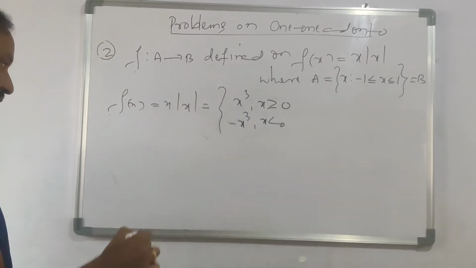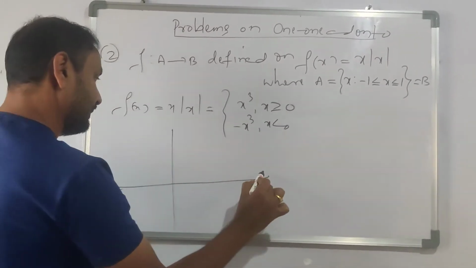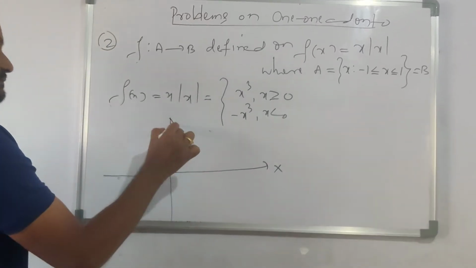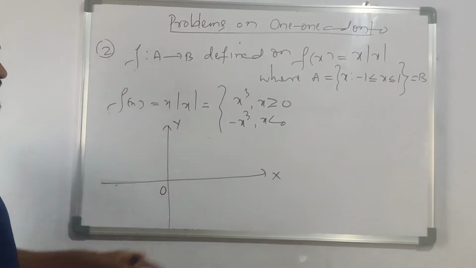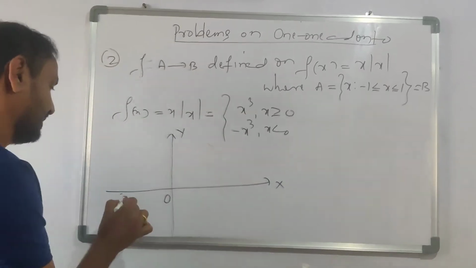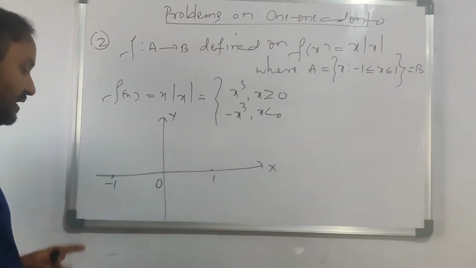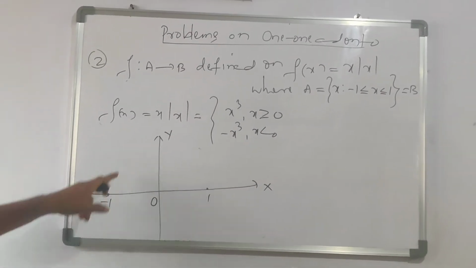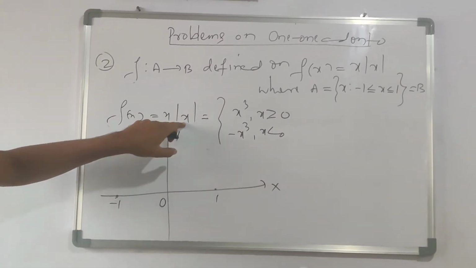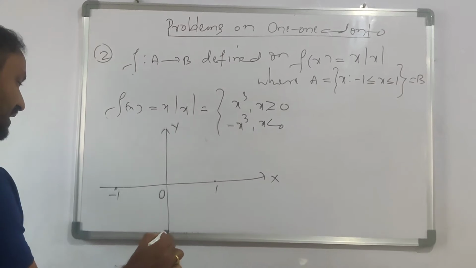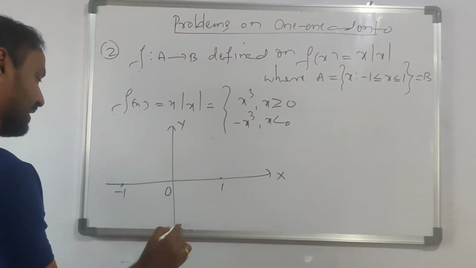Now draw the graph. X-axis. Take the domain values minus 1 to plus 1. This is minus 1. This is plus 1. Replace x equal minus 1: minus 1 into plus 1, that is minus 1. Take here clearly minus 1.